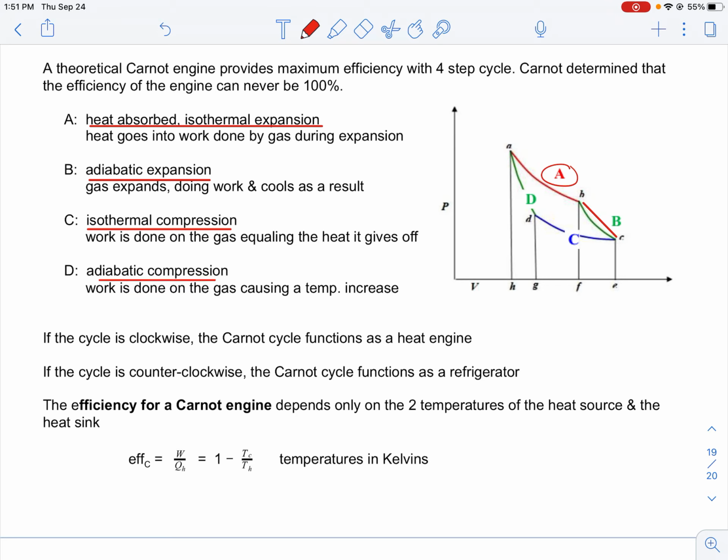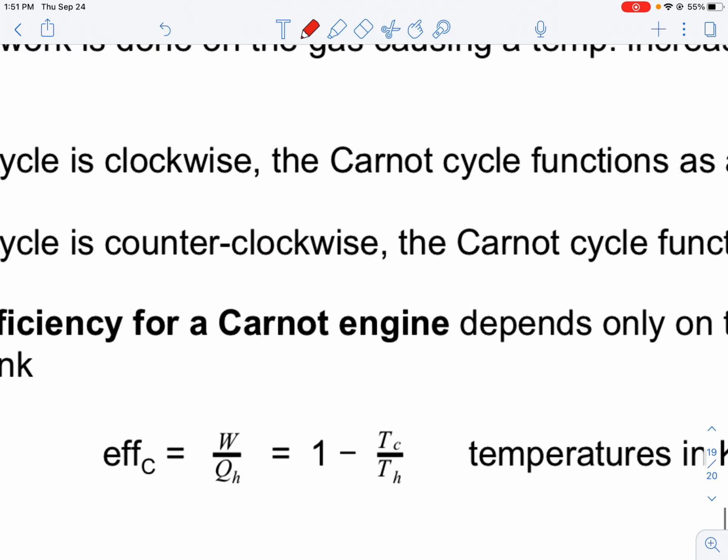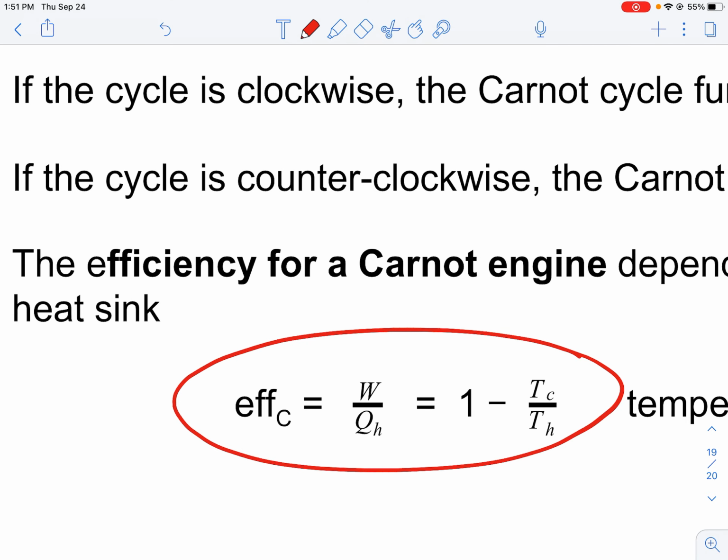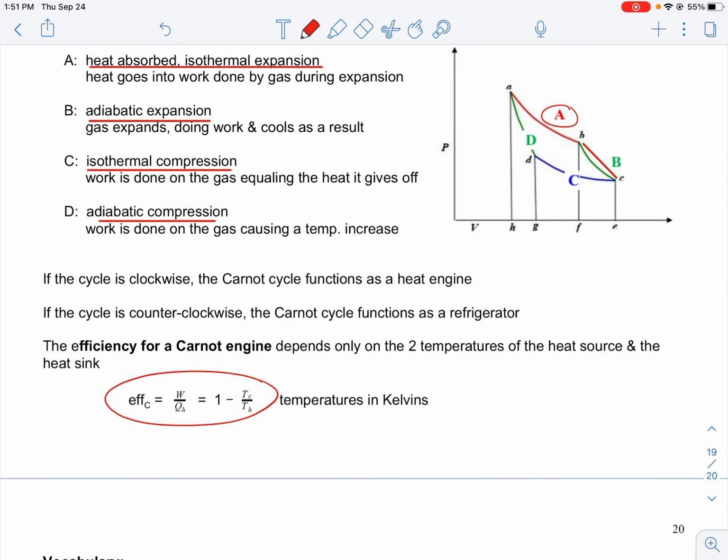Again, the momentum helps do that, or conservation of angular momentum helps do that, and work is done on the gas, causing a temperature increase. Again, this is an idealized cycle that's intended to show the 4 steps of an engine. And again, Carnot, who came up with this, also came up with this efficiency equation.